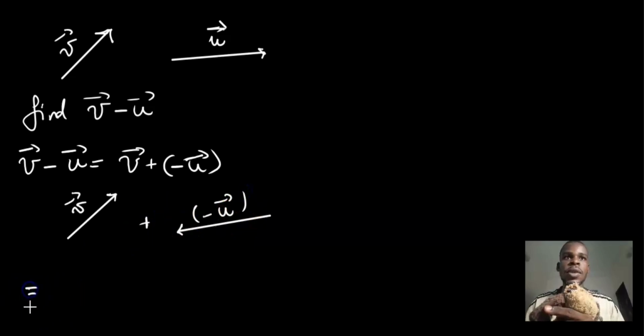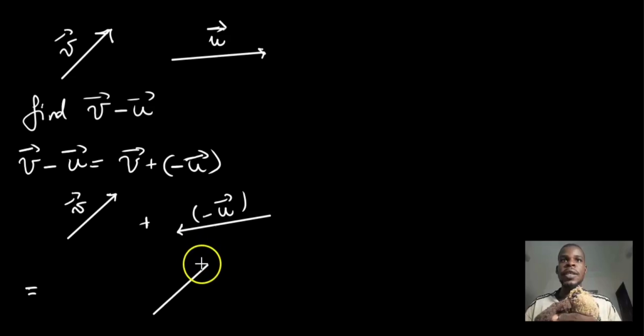Good. So this is vector v, this is the initial point of vector v, this is the terminal point, and this is the initial point of negative u. So first of all, we put down the vector v, which goes like that.